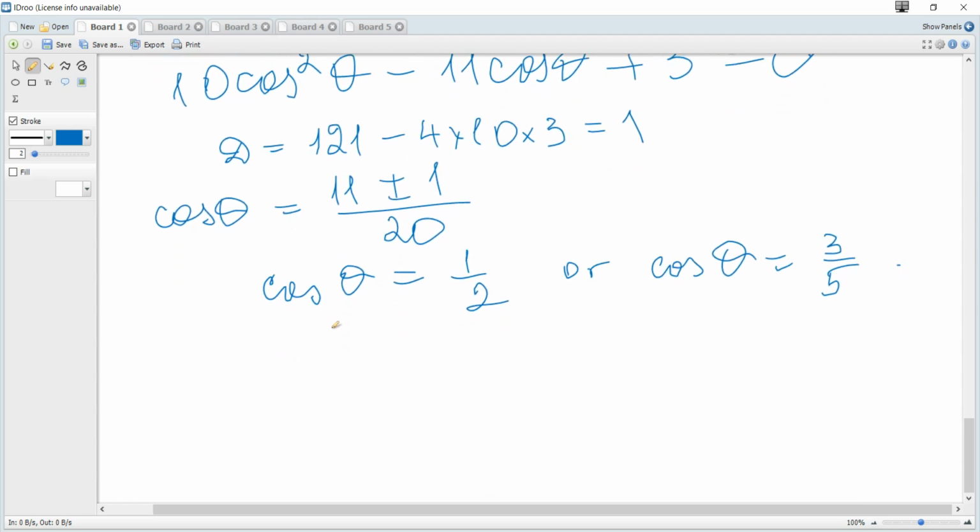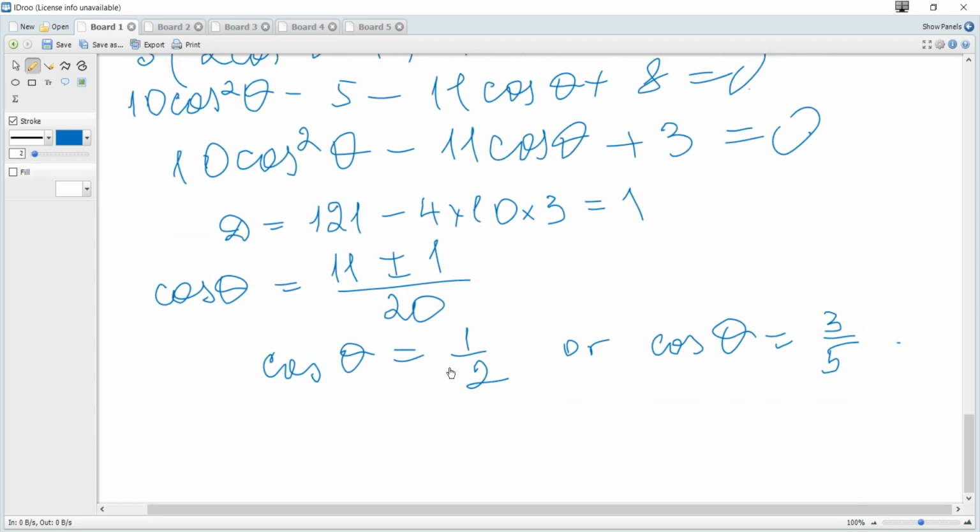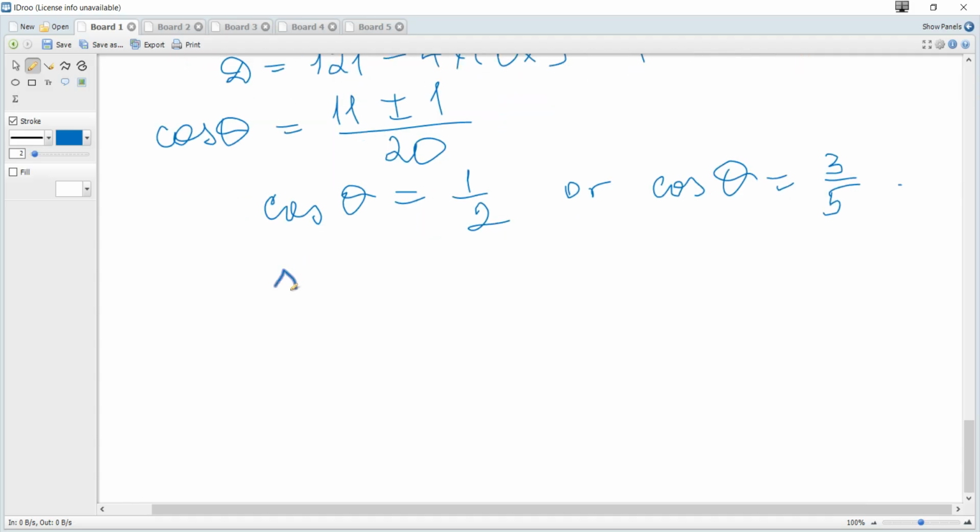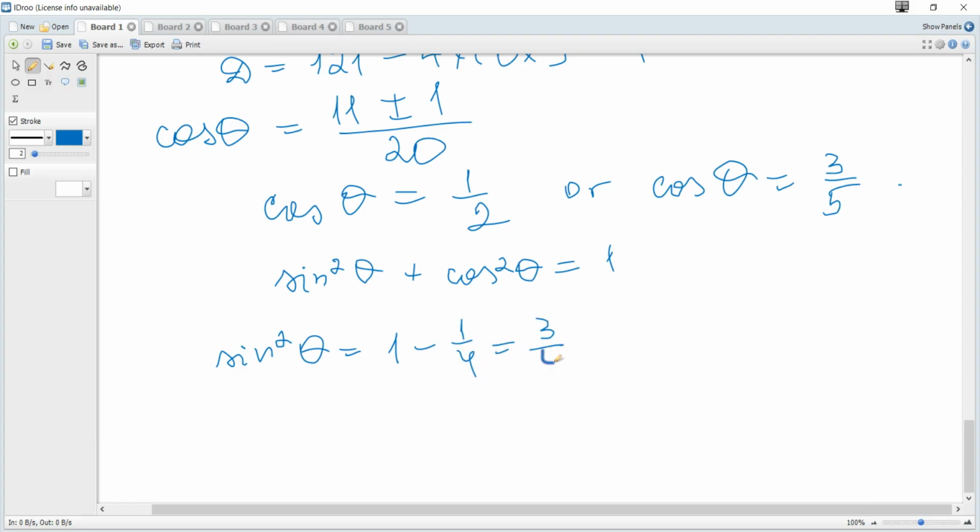And if we know cosine, we can find sine using the main trigonometric identity, sine squared plus cosine squared is 1. Hence, for this root, sine squared is what? 1 minus 1 over 4, and it's what? 3 over 4.